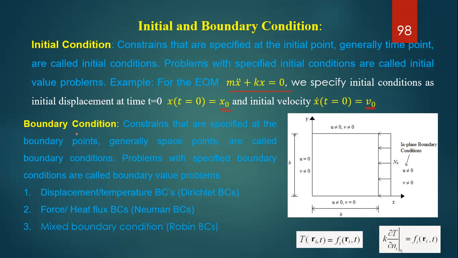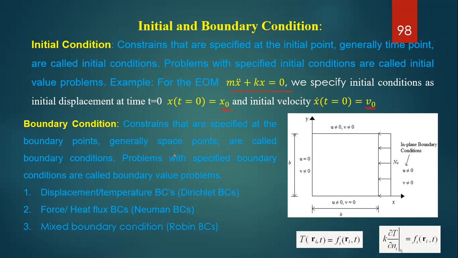Another one is boundary conditions. These are constraints that are specified at the boundary point, especially for a constrained system with some specific boundaries. For example, in a mechanical system, the fixed points. In heat transfer, the point where temperature is applied, or the point where heat flux is applied.